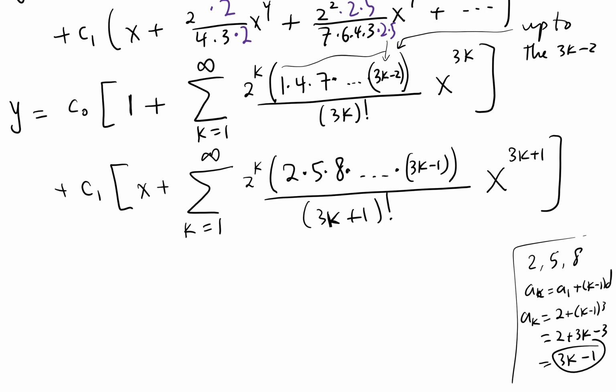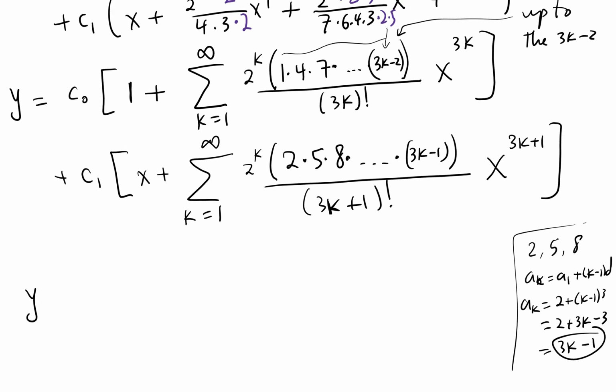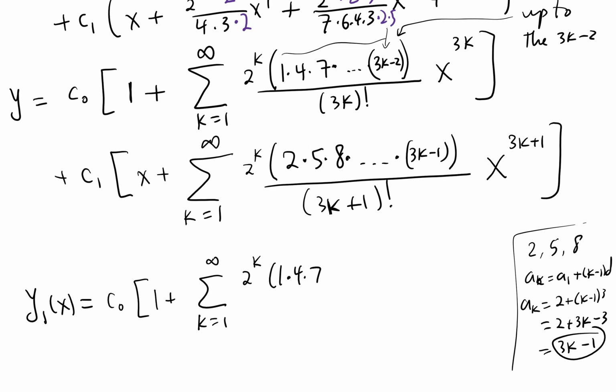So is that okay? Now we say the two linearly independent solutions, we call them y1 and y2. y1 of x is c0 times (1 plus the sum from k equals 1 to infinity of 2 to the k, times 1 times 4 times 7 times ... times (3k minus 2), over (3k) factorial, x to the 3k).